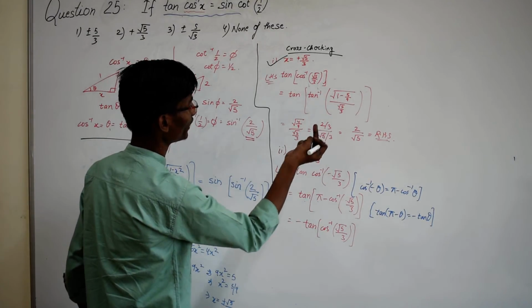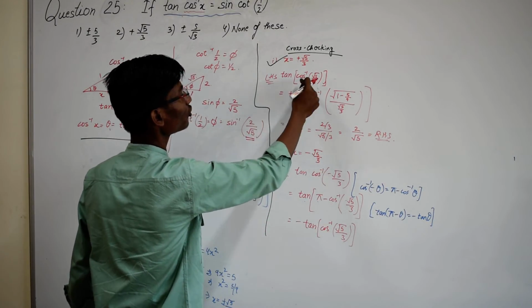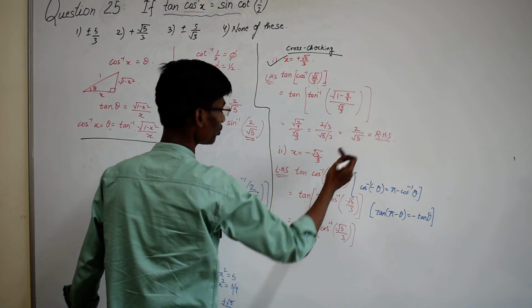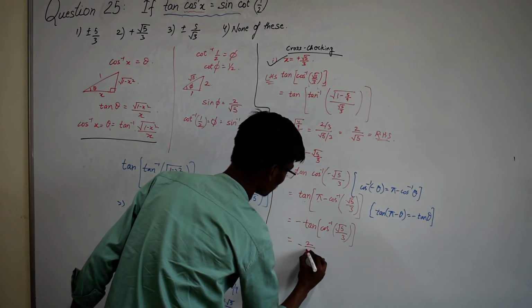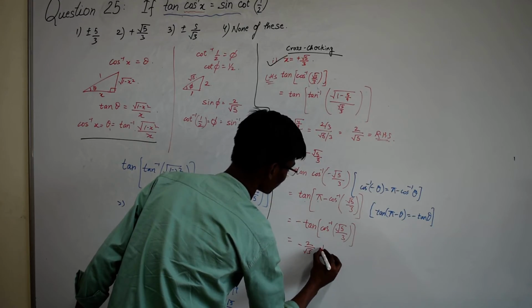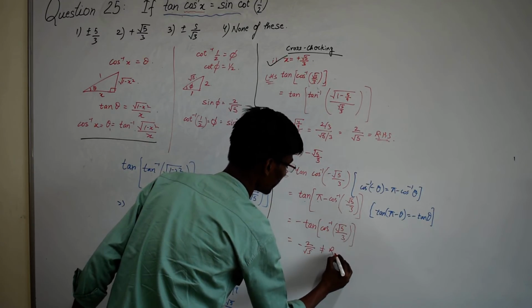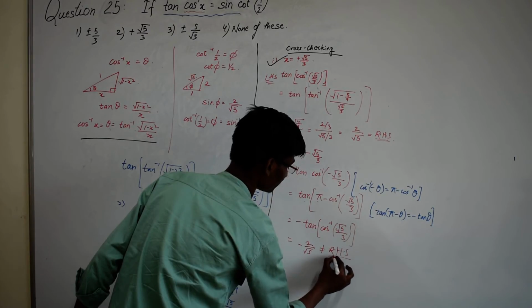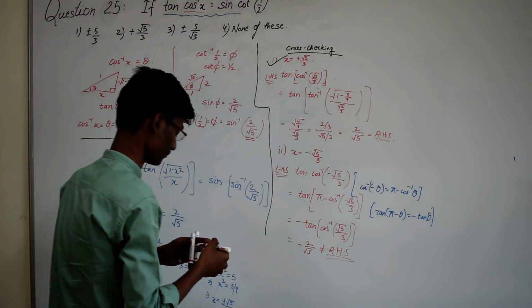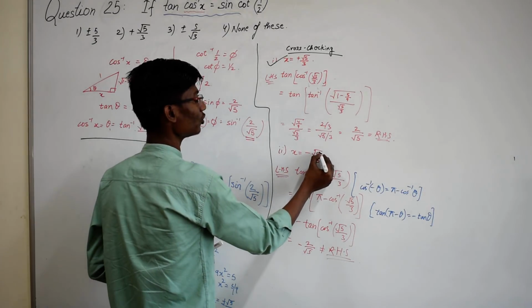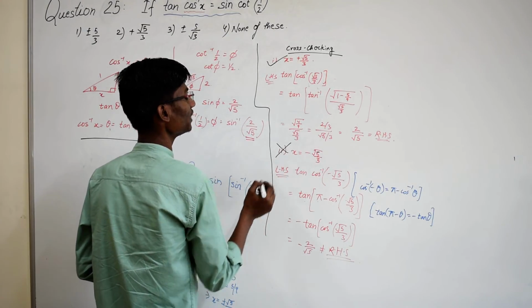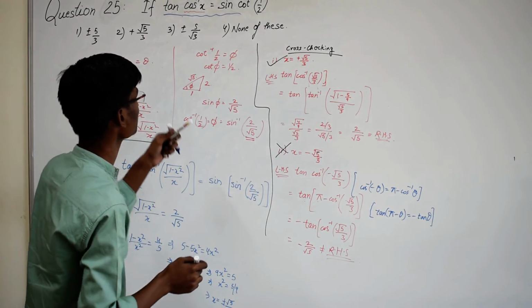We have already proved that tan of cos inverse root 5 by 3 is equal to 2 by root 5, so the LHS is minus 2 by root 5, which is not equal to the RHS. So x equals minus root 5 by 3 is not a solution of this equation.